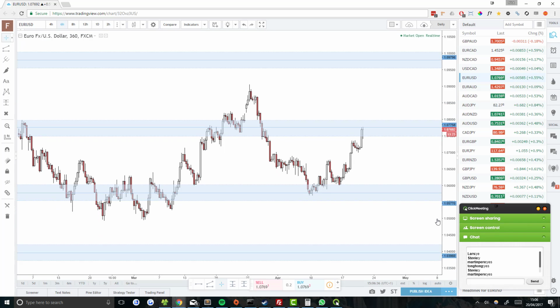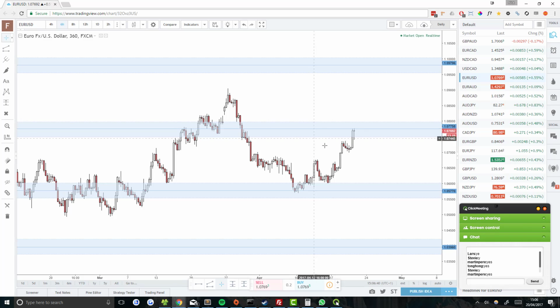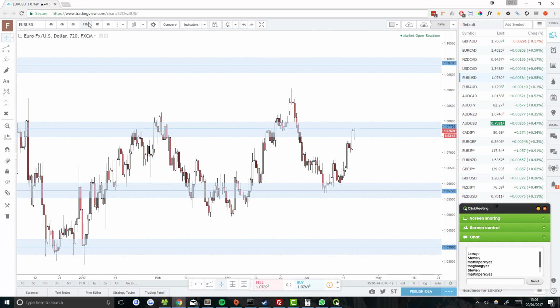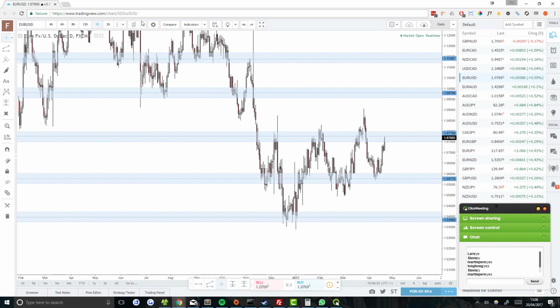EURUSD, similar situation, kept trending up, but I've adjusted my support resistance areas on EURUSD, and it's kind of stalling at the new area. The reason I adjusted them is I just deleted them all and I started fresh with my EURUSD support resistance areas.